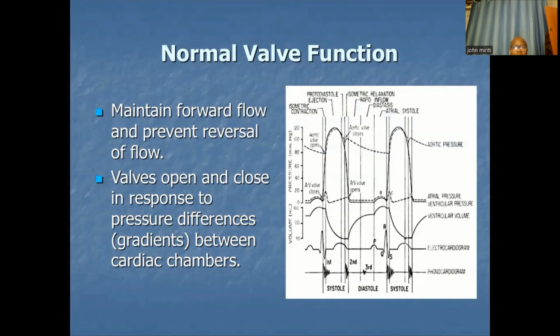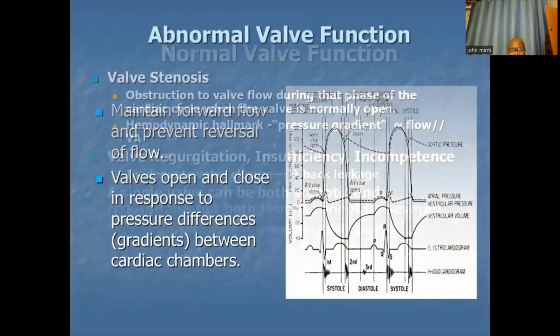Valves open and close in response to pressure gradients between the cardiac chambers, for example between the ventricle and the aorta. So depending on these places, the valves either close or open in an organized manner.